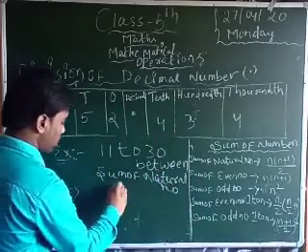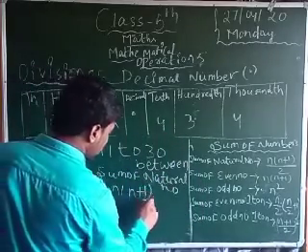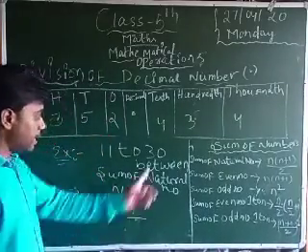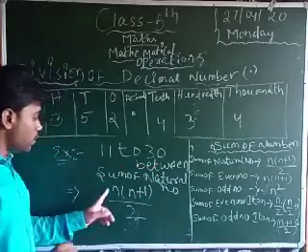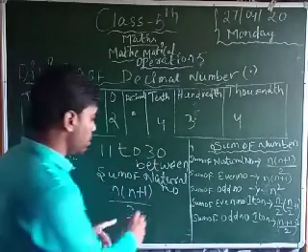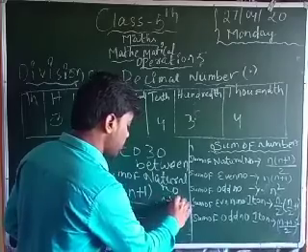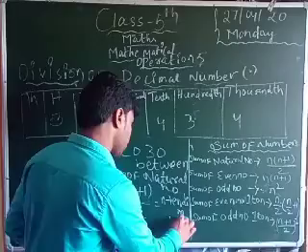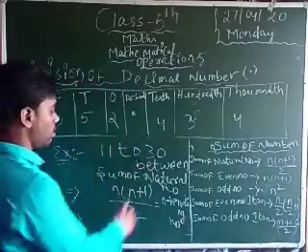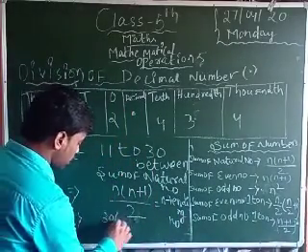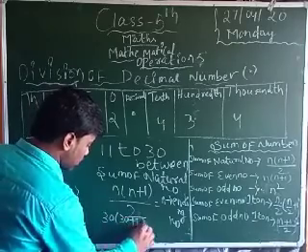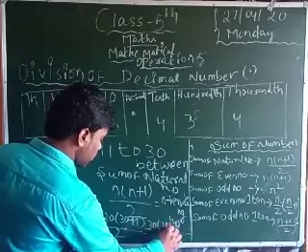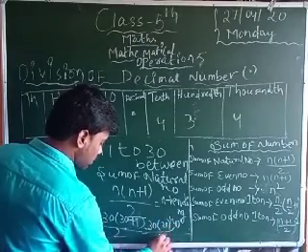Now you can write the formula, n into (n plus 1) whole by 2. Here n is the ending number, which I already said. How much is the ending number? 30. So 30 into (30 plus 1) by 2, that is 30 into 31 by 2.